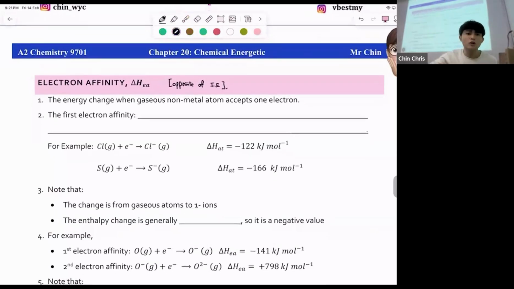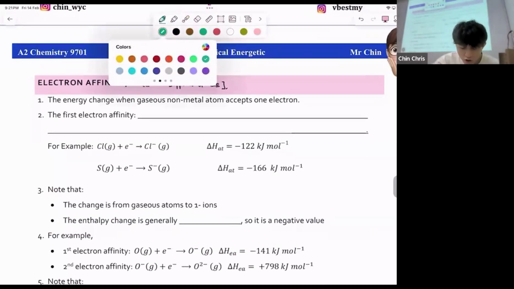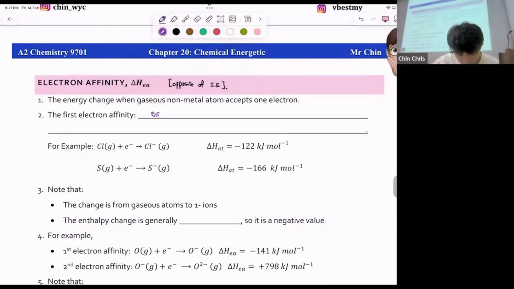Okay, so guys, the first electron affinity is the enthalpy change when 1 mole of gaseous atom receives 1 mole of electron. Remember, yeah? To form 1 mole of gaseous 1 minus ion.